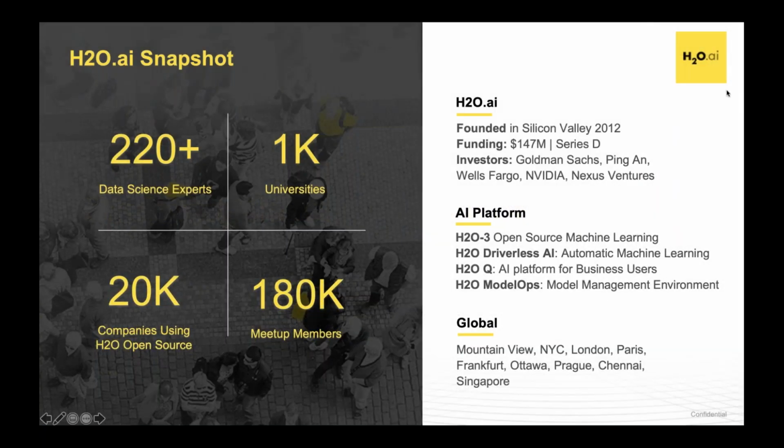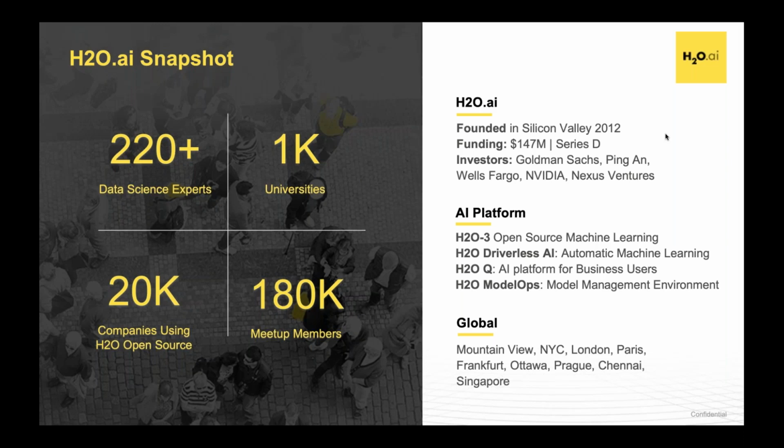So first things first, what is H2O as a company? It's a startup HQ'd in Silicon Valley in Mountain View, founded in 2012. It's already well funded by some leading investors. The H2O platform comprises several offerings.